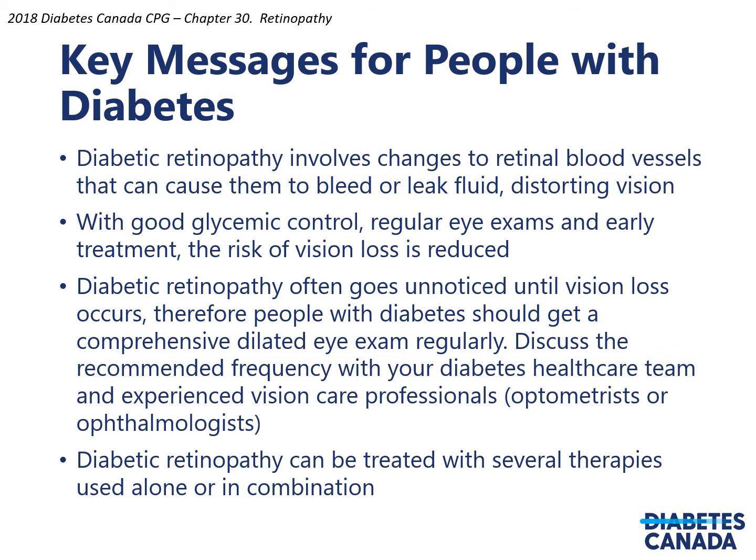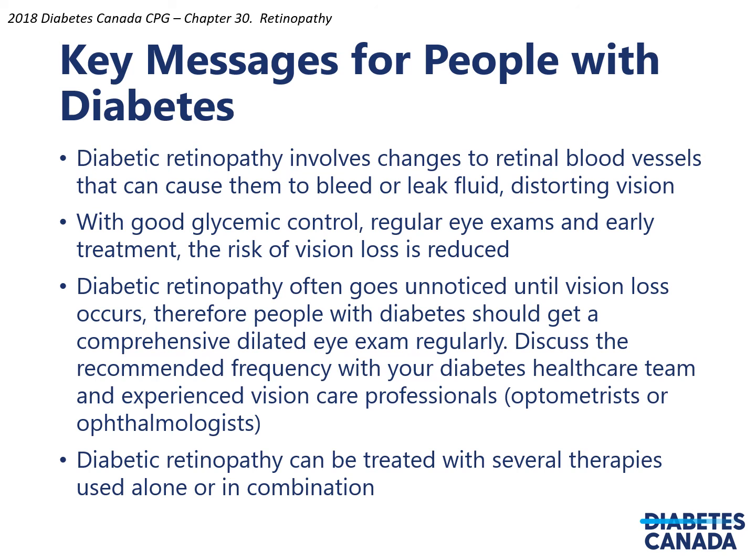The key messages for people living with diabetes are as follows. Diabetic retinopathy involves changes to retinal blood vessels that can cause them to bleed or leak fluid, distorting vision. With good glycemic control, regular eye exams, and early treatment, the risk of vision loss is reduced. Diabetic retinopathy often goes unnoticed until vision loss occurs.